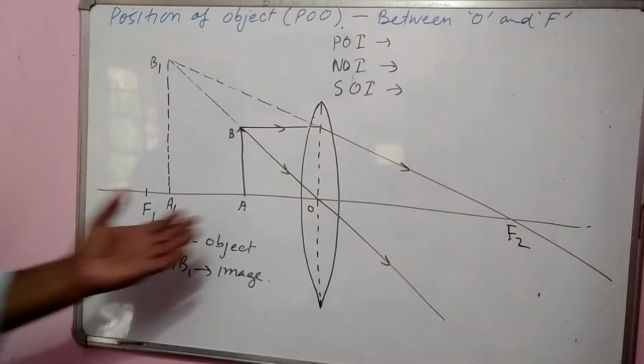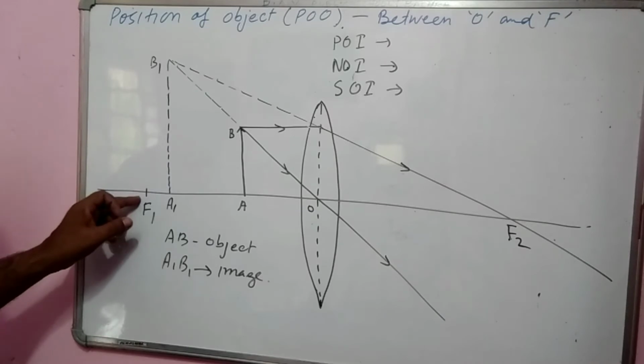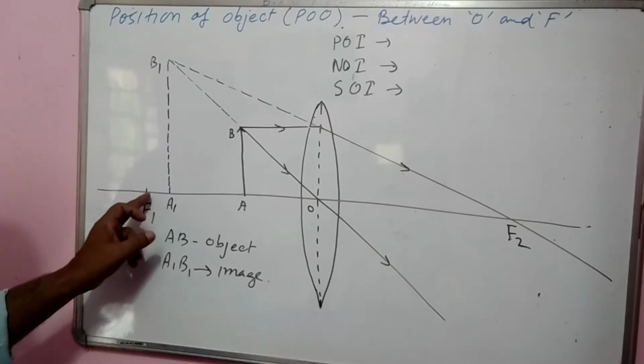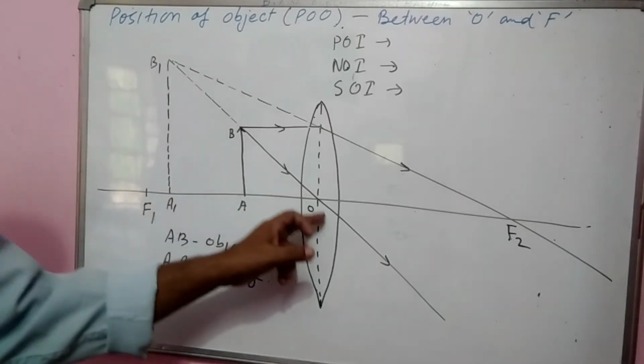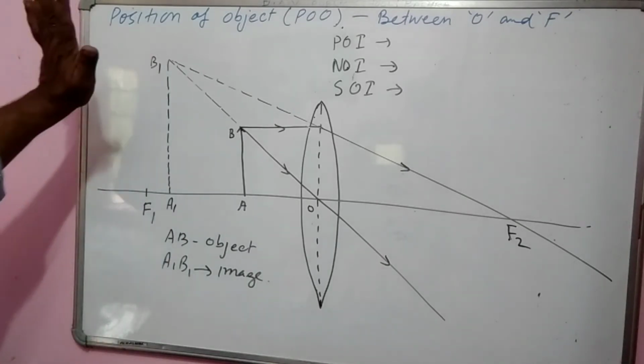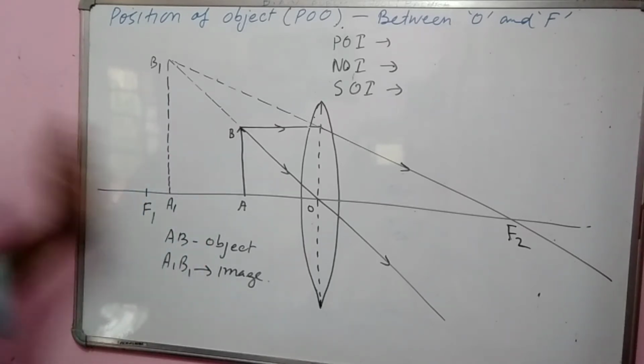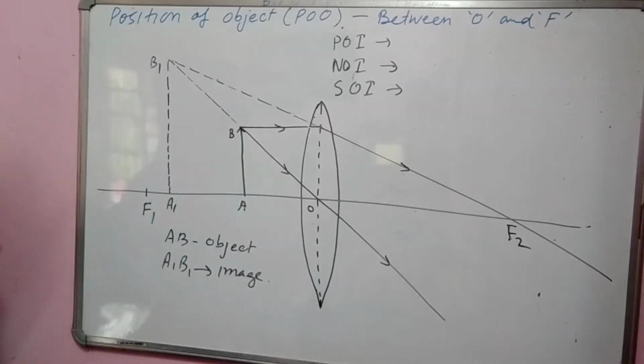So position, you cannot say that the position is between focus and optical center. It is virtual, it is shown in the figure here, but its position may be anywhere behind this object.